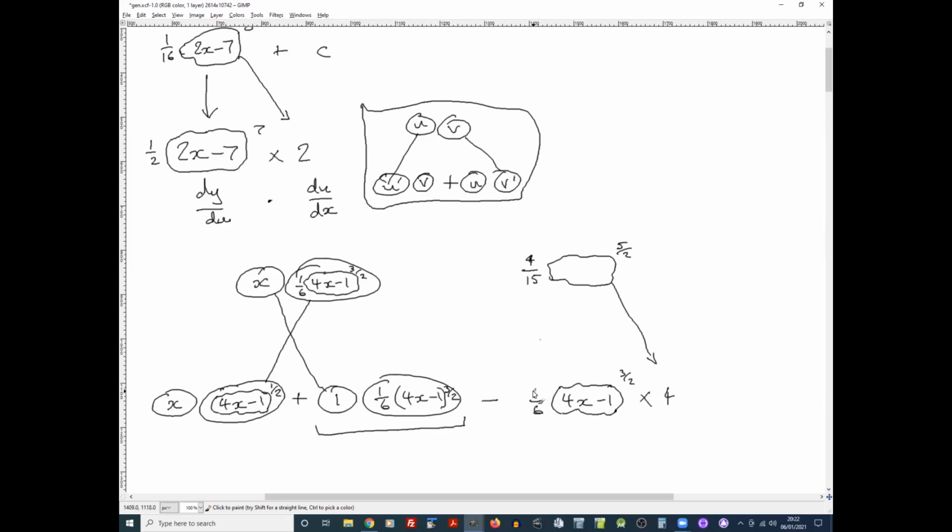Well, if you had 2/3 here... No, wait a second. We wouldn't be timesing by 4. We would be dividing by 4.